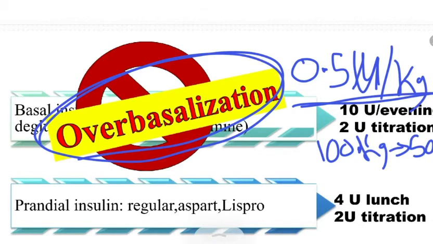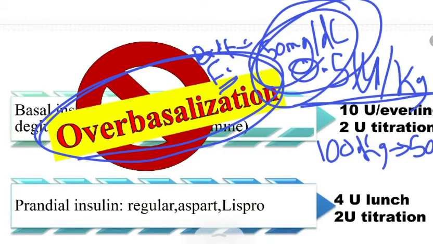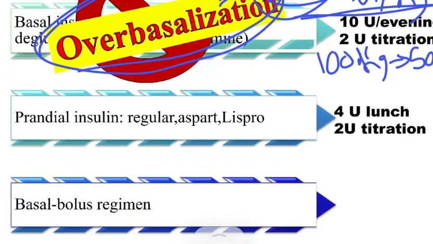Also, if there is a marked difference between fasting glucose and bedtime glucose, or pre-prandial and post-prandial glucose, if the difference is more than 50 milligram between these readings, this means we have reached over-basalization. In such a case, we should add prandial insulin.